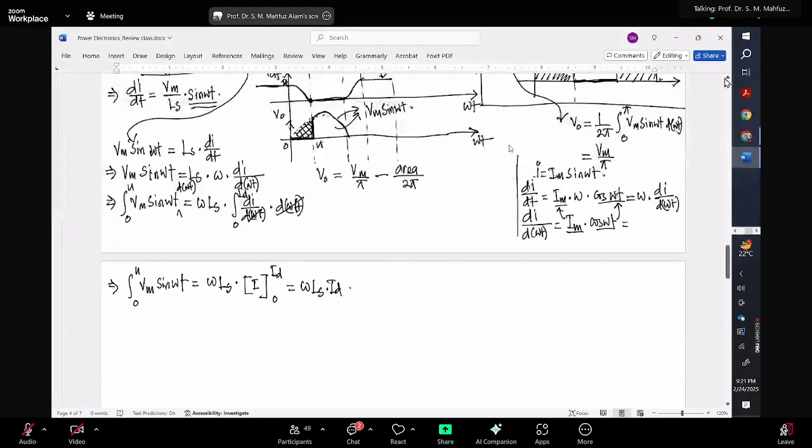So what is this integration? This integration is the area under this cross-section curve, right? That should be this area, right?